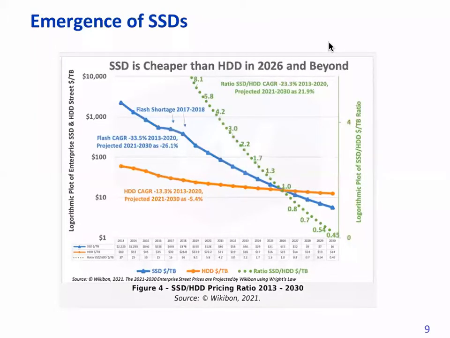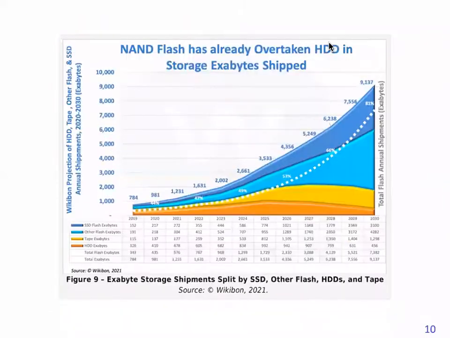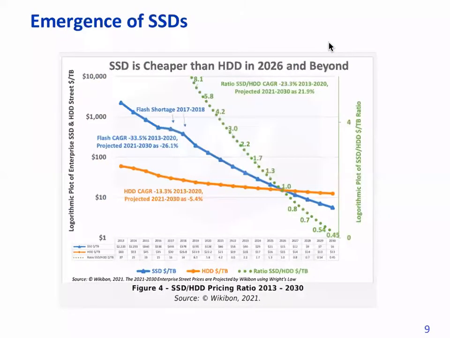Okay, so at this point we can see that the cost of SSD will drop. In terms of shipment, the amount of terabytes of flash memory being manufactured has already overtaken hard disk drive.